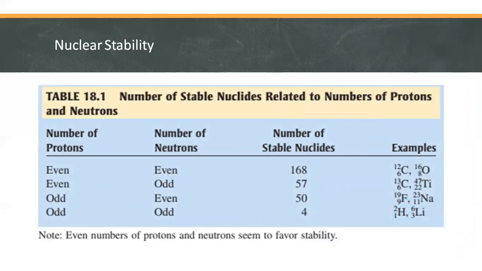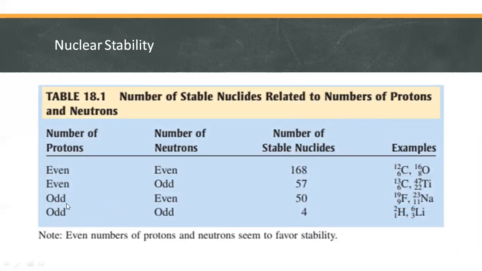This table shows the number of stable nuclides related to the number of protons and neutrons. As we can see, for an even number of protons and an even number of neutrons, there are a large number of stable nuclides.